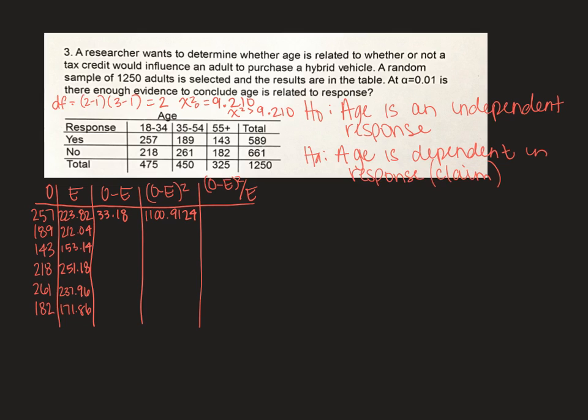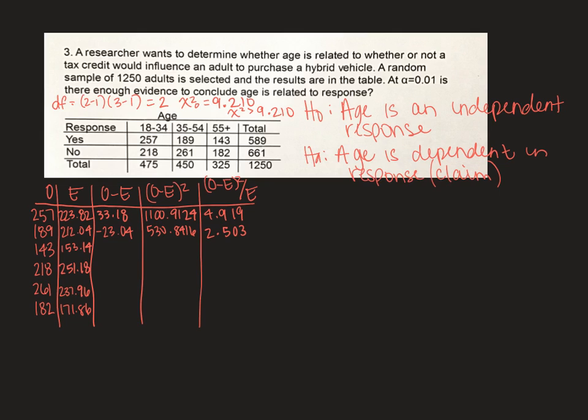Divided by 223.82 is 4.919. And again, if the decimal doesn't end, round to at least 3 decimals. And then the next one, 189 minus 212.04 is negative 23.04. Squared is 530.8416. Divided by 212.04 is 2.503.